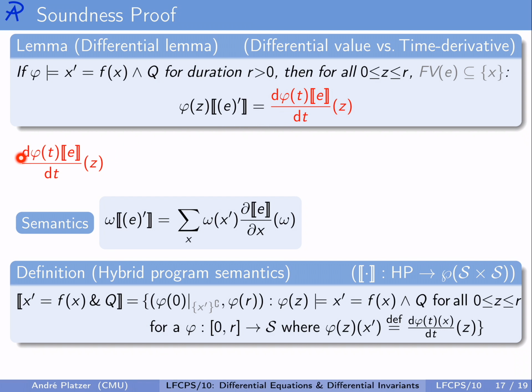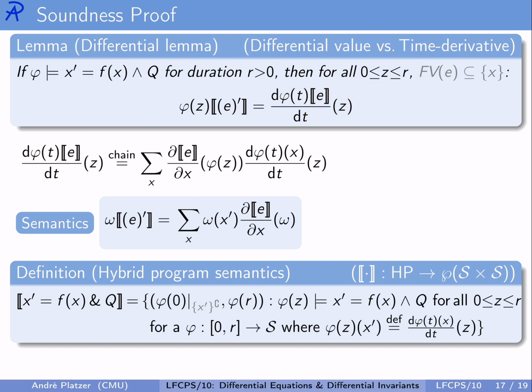Then we have the value of the evaluation of the expression e at the time t of the solution, which by chain rule is exactly the sum over all variables of the partial derivative of the value of e with respect to every variable you could possibly think of at the time phi of z, multiplied with the time derivative of how phi itself changes, so how phi of t changes at the value of the variable x that we're doing the partial derivatives over at the time z.